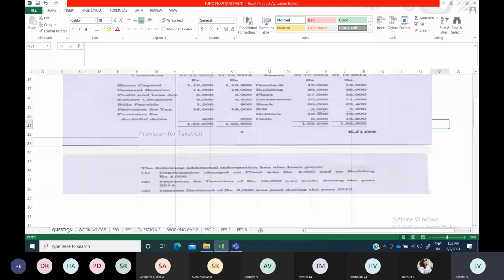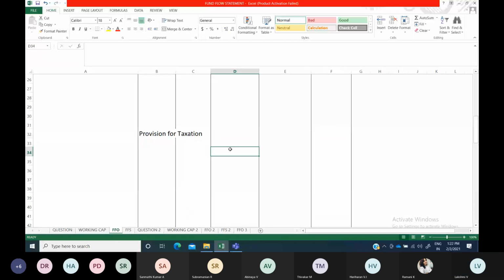In the provision for taxation account, the opening balance is 16,000 and the closing balance is 18,000. The opening balance comes under the credit side as balance brought down. Opening balance means brought down, closing balance means carried down.